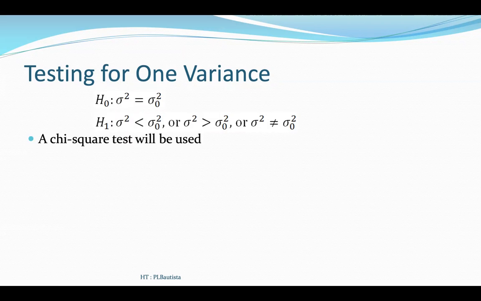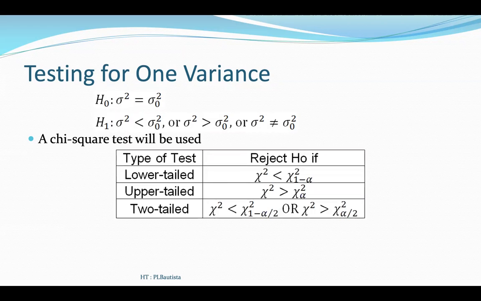For this test of hypothesis, we will be using a chi-square test. So for the chi-square tests, this will be the rejection criteria to be used. So for a lower tail test, we reject the null hypothesis if chi-square is less than chi-square 1 minus alpha.